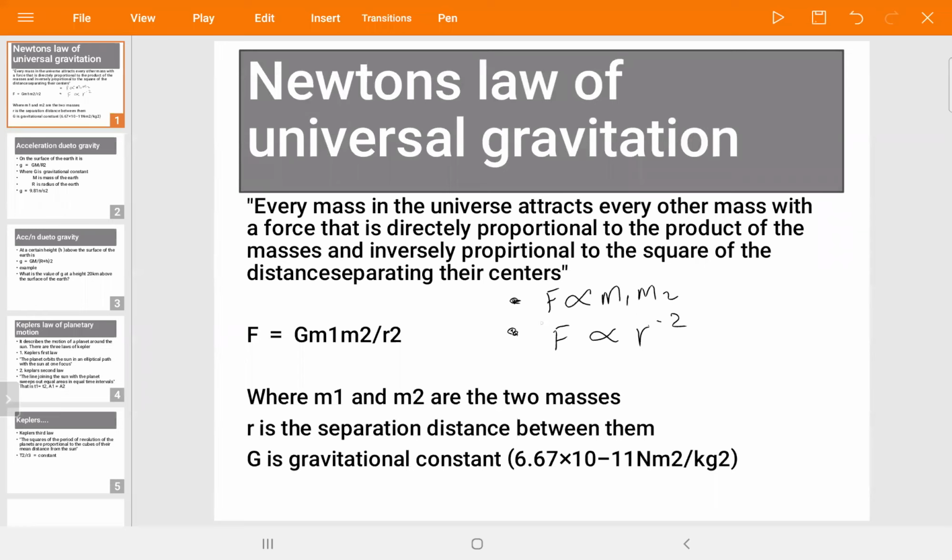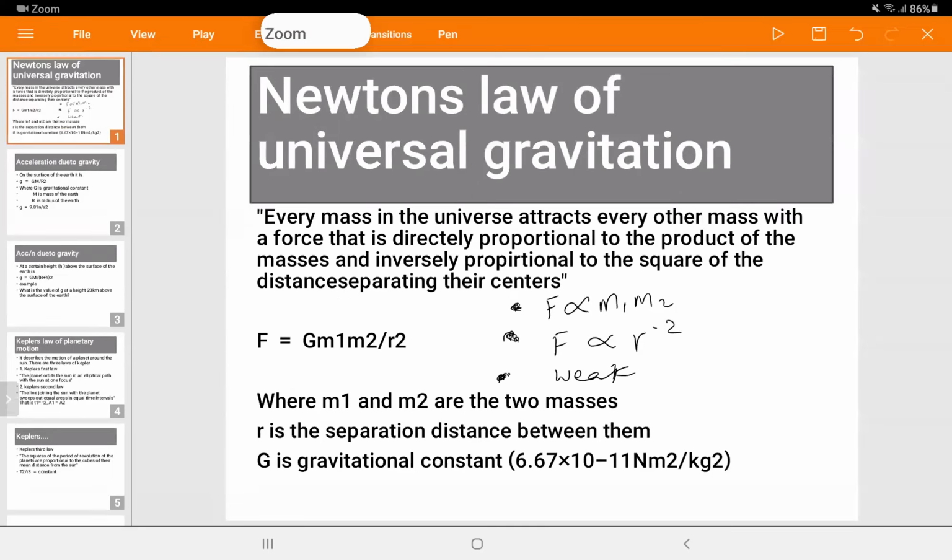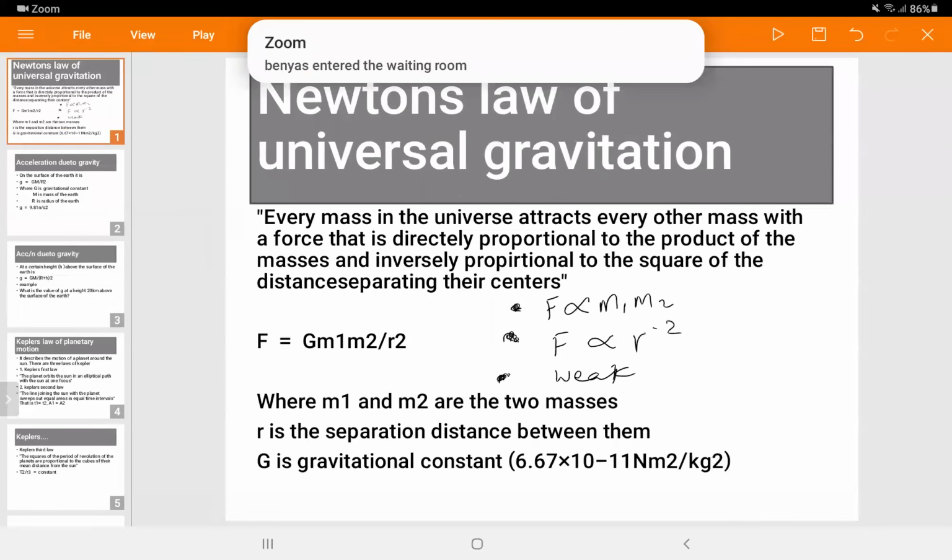The other one is that this force must exist between two bodies, and this force is a weak force, the weakest force in nature. And the other one is that this force has an effect when the mass of the two bodies is large. The mass needs to be large.